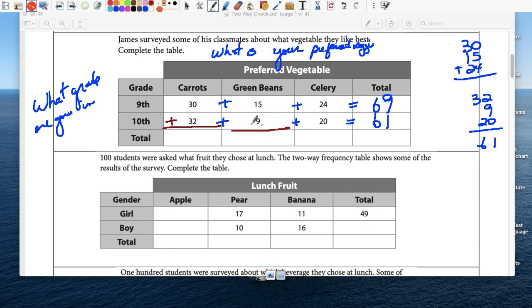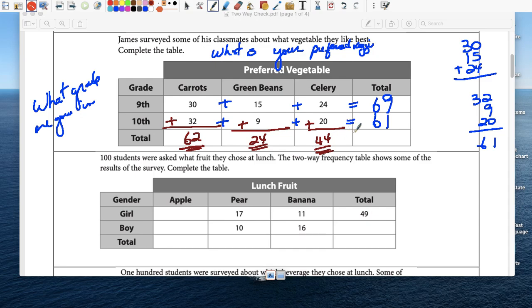Add these two, add these two, add these two, which gives you a different total. So 30 plus 32 is 62. So now we can say 62 kids preferred carrots. 15 plus 9 is 24. 24 kids preferred green beans, and then 44 kids preferred celery.